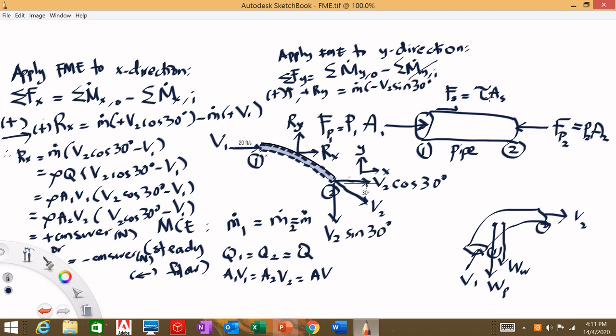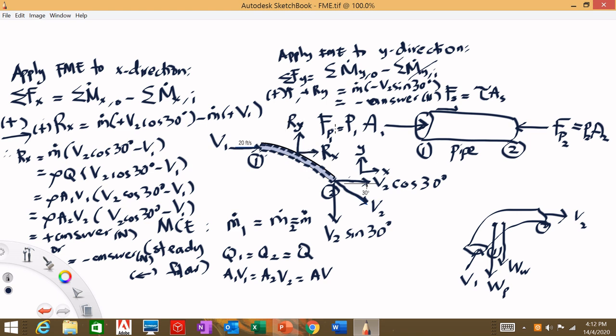Since it's negative, your answer will be negative as well. That means, in Newton, the reaction force acting on the vane must be going down.